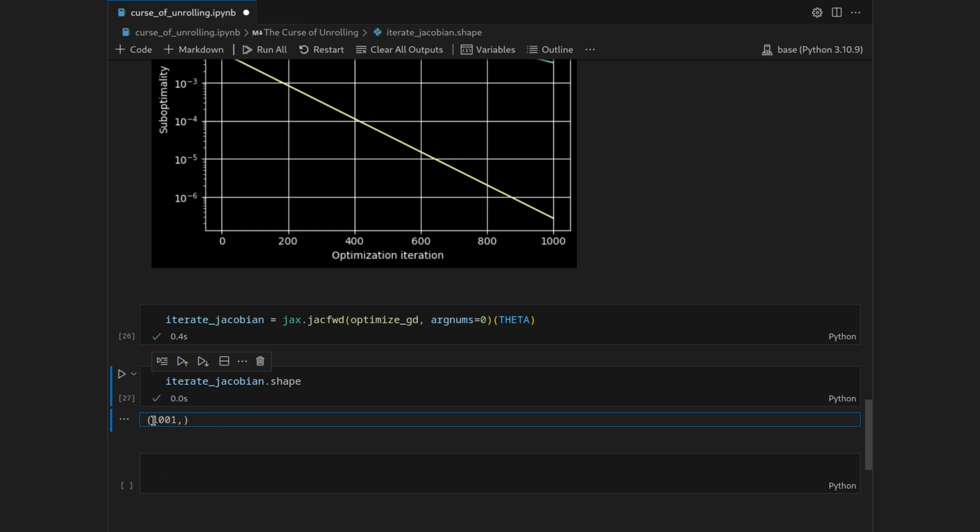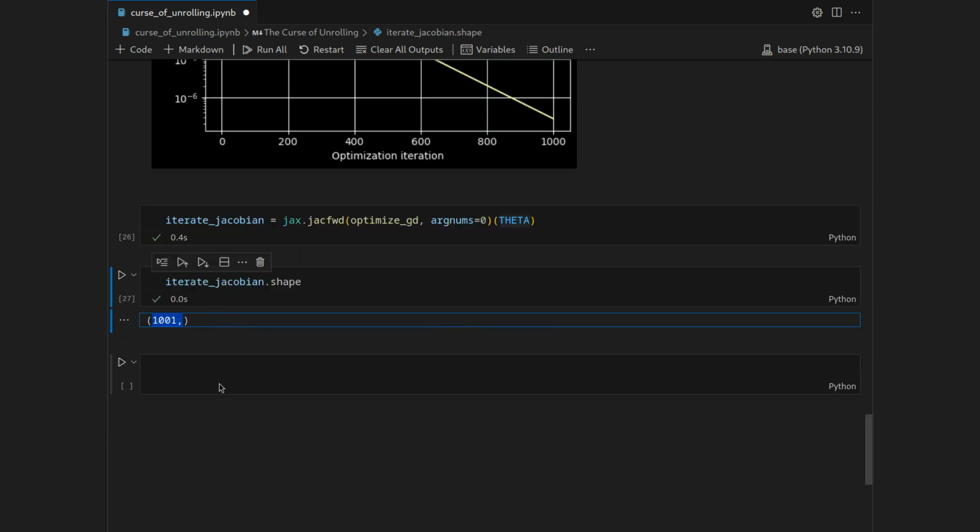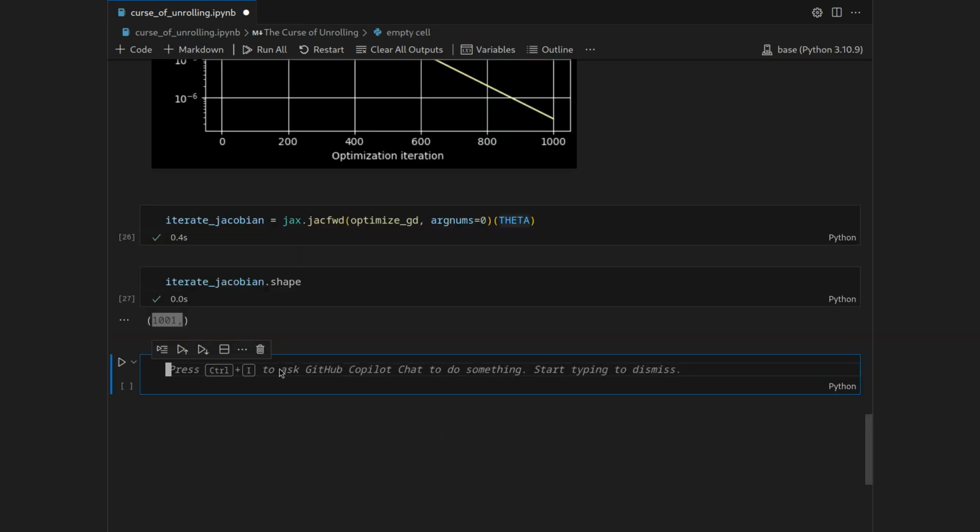So it will be number of iterates, shape of x, shape of theta. But here in this very special case where we have a scalar optimization problem and also theta is scalar, that will just be a vector. That's also easier to work with. This is the iterative Jacobian or the unrolled Jacobian at each particular iteration.